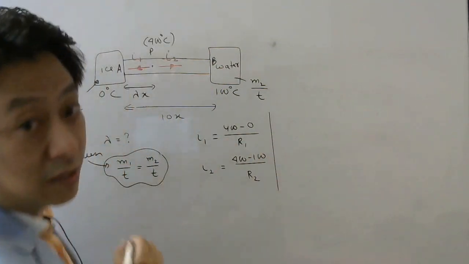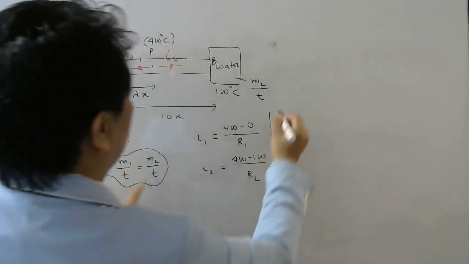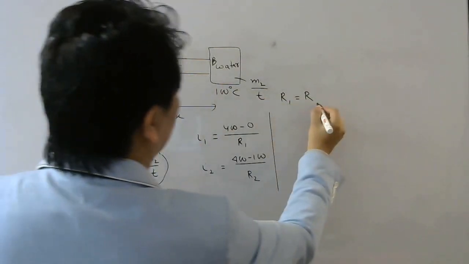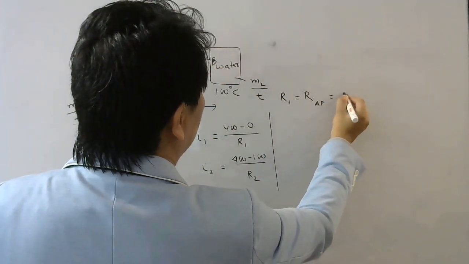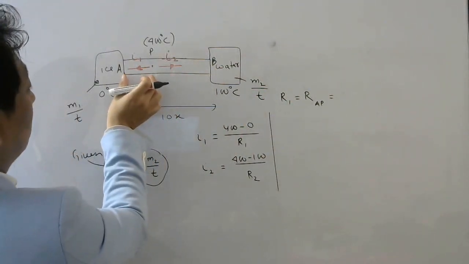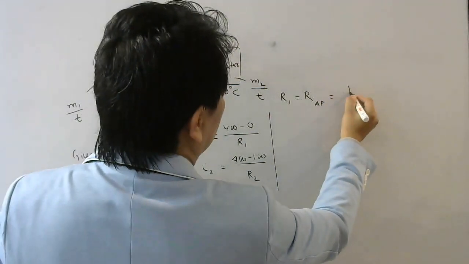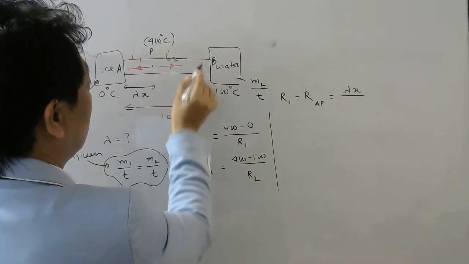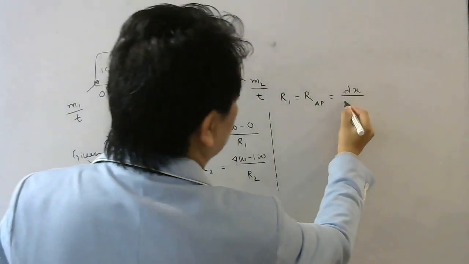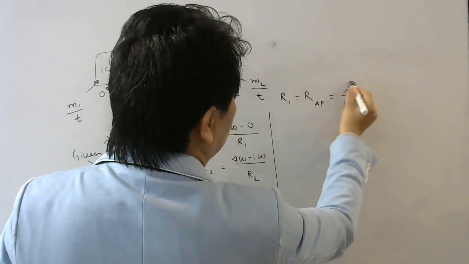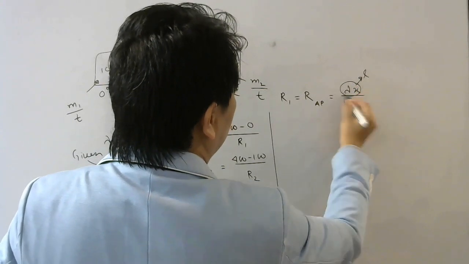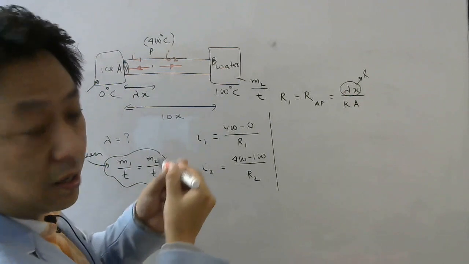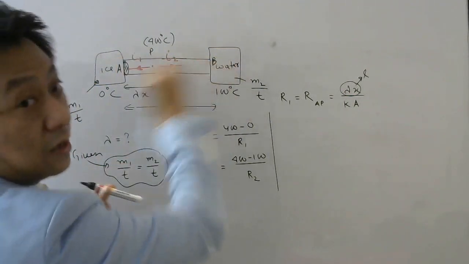Now, let us see what the resistances are. For this part, R1, which is basically the resistance between A and P, what was the formula? L divided by KA. L of this is lambda x. So lambda x is your L divided by KA, because the thermal conductivity is the same, as the material of this rod is the same everywhere. A is the area of cross section, which will be the same everywhere.